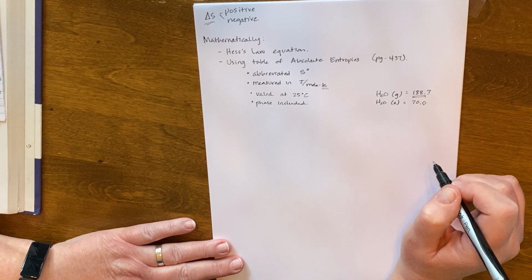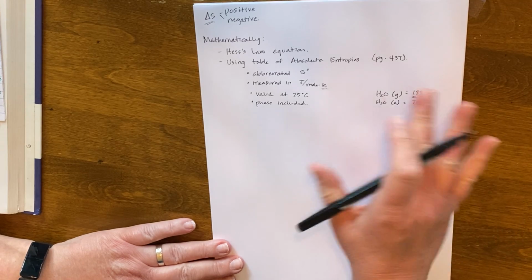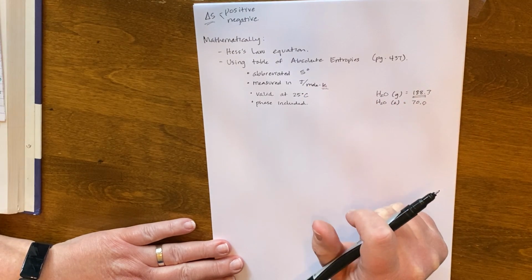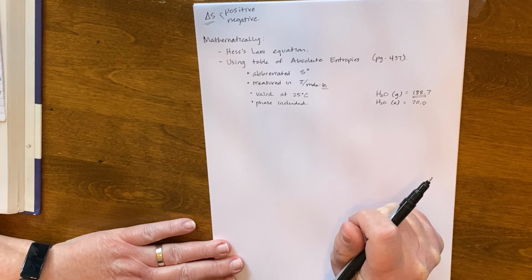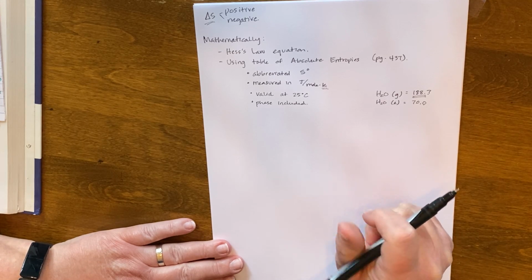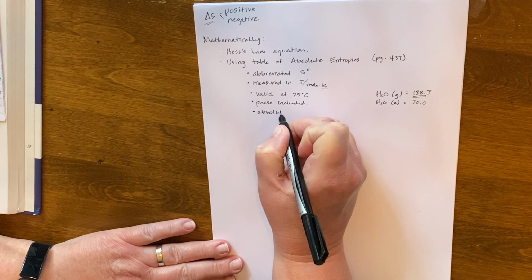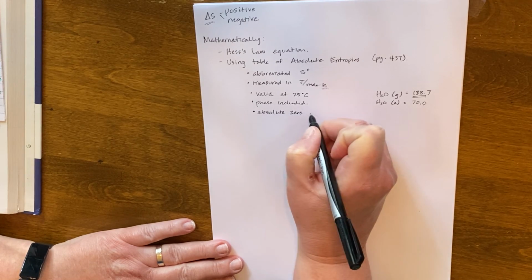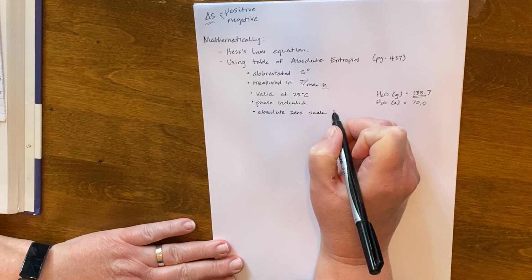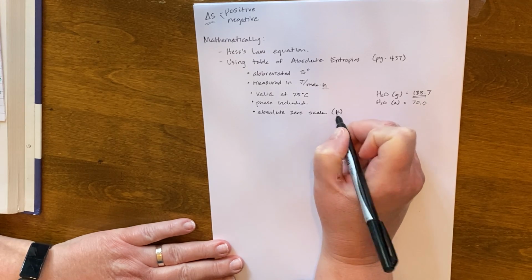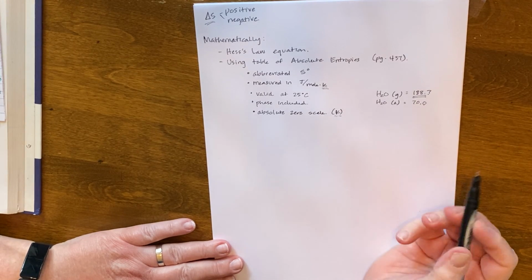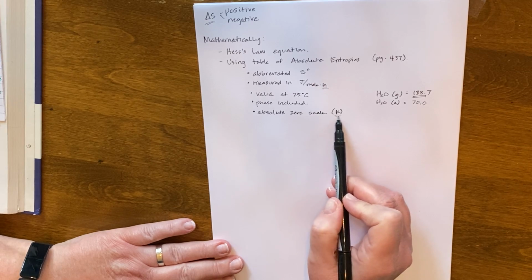Now, no solid, for terms of our calculations, can have a zero entropy. So we're using an absolute zero scale, and you remember from chapters past, that's why Kelvin comes into play.